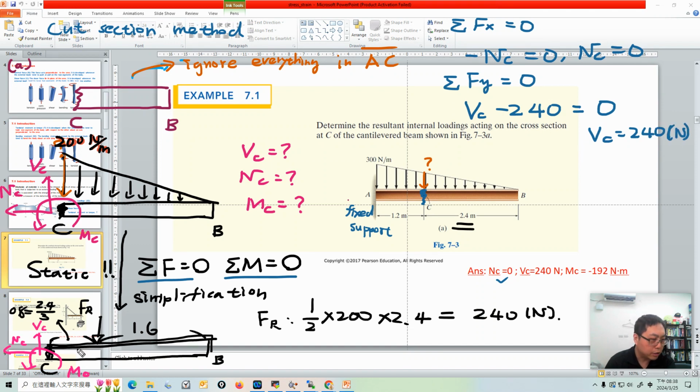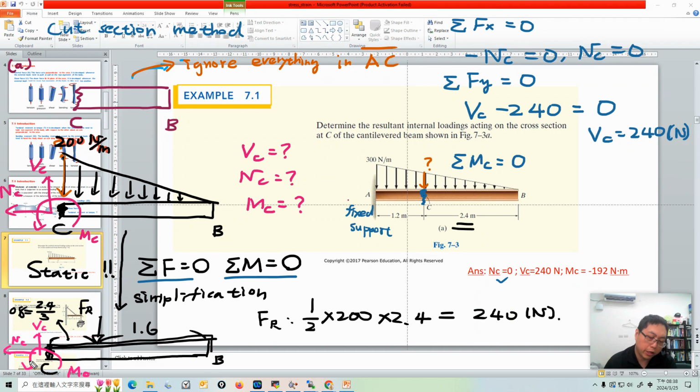And finally, what's the moment at C? Here I should say MC. How to calculate this moment at C? The total moment must be 0. NC here, we don't know its direction.